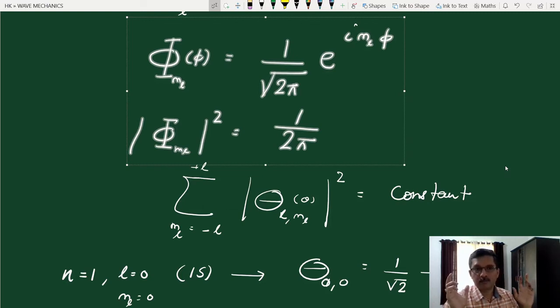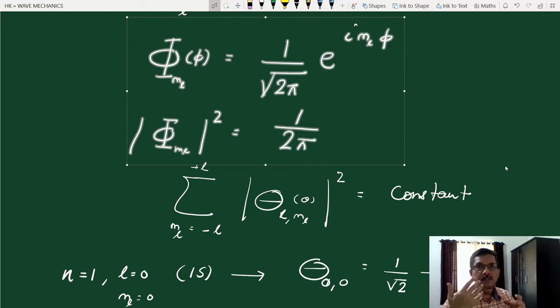So in the case of the probability density of the electron in a hydrogen atom, it's independent of the azimuthal angle phi. We say that it's cylindrically symmetric. It's symmetric about the z axis. So for all possible phi, the probability density is the same. What about the polar angle theta?